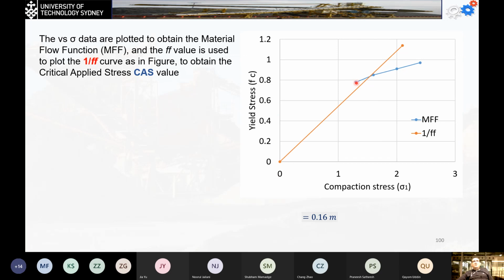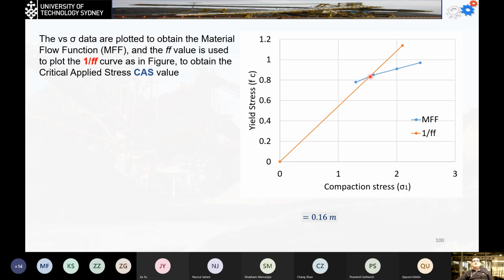Now the blue points here are what we got for the sigma 1 and the sigma c for the 4 different stresses. We said once again we were increasing the stresses, and thus the yield stresses were increasing at the same time. So we got this curve. We sketch a line starting from the origin, having the slope of 1 over FF.